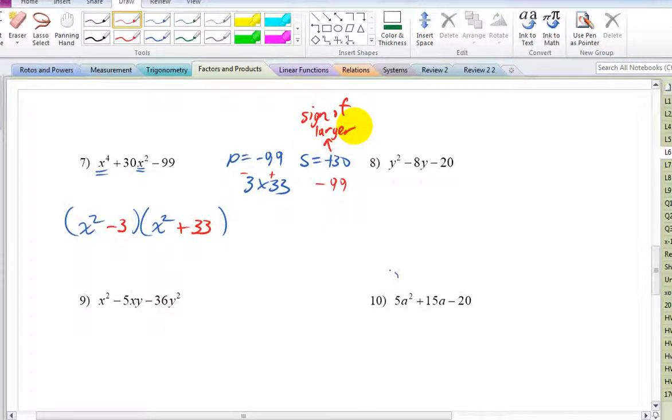Okay, sign of the larger number. Go ahead, do 8 now. Give 8 a shot.